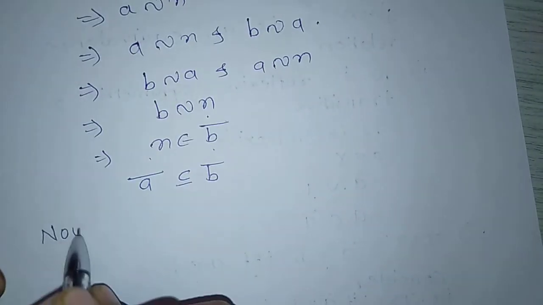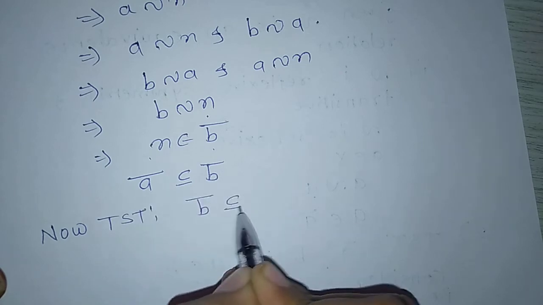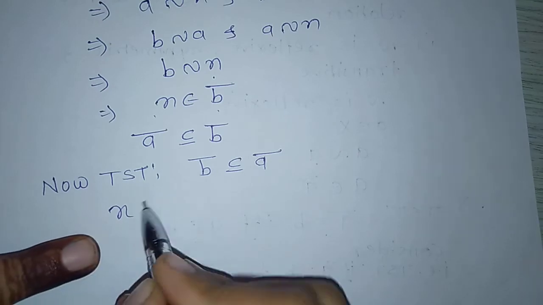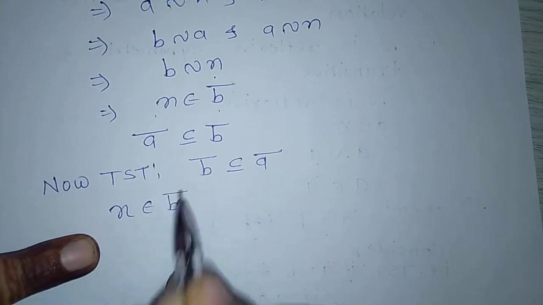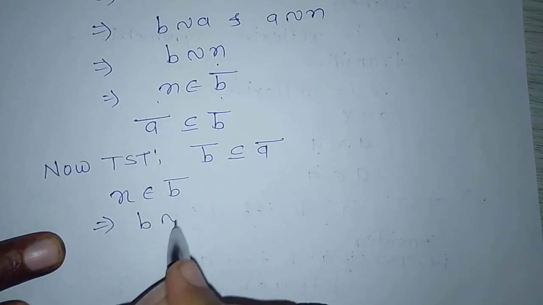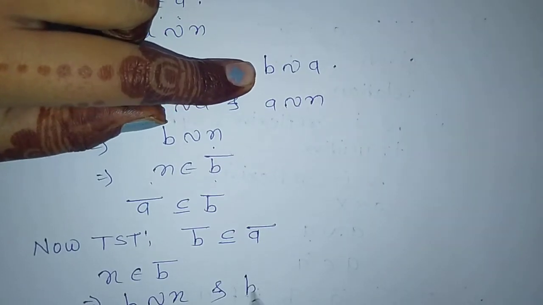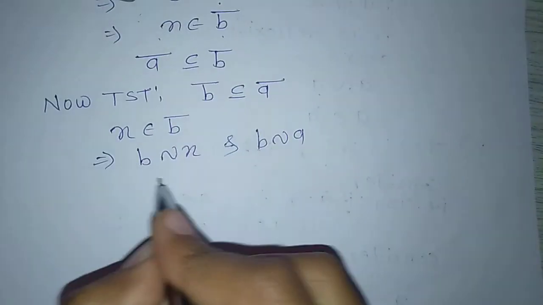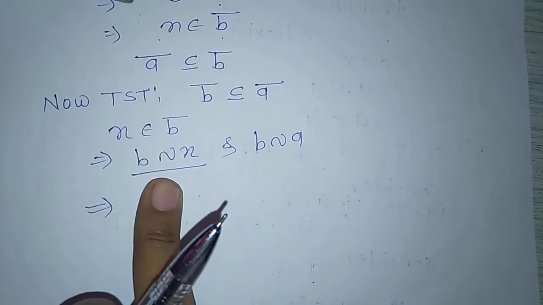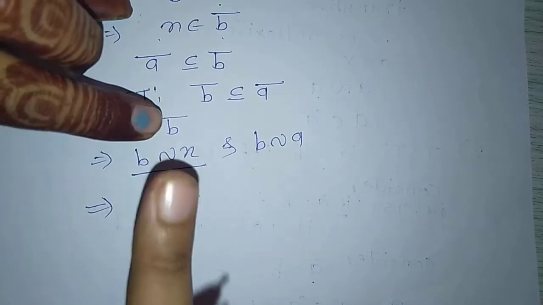Now, to show that B bar is a subset of A bar, consider x belongs to B bar. x belongs to B bar means B relates to x, and also we have B relates to A. Tilde is an equivalence relation, meaning it is reflexive, symmetric, and transitive.